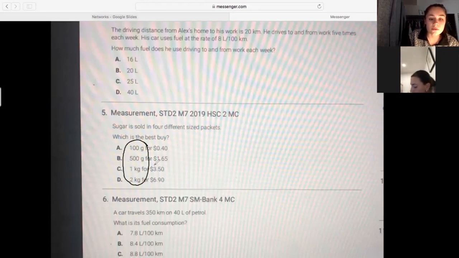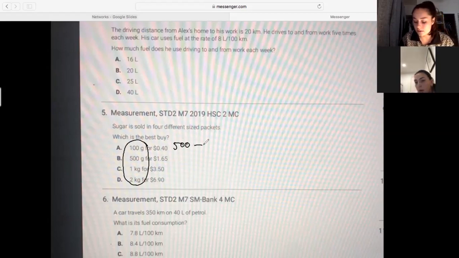Okay. For me, the easiest thing to do would be either to get them all to 500 grams or to get them all to 1 kilogram. So if I get everything to 500 grams, for this one I would have to times it by 5. Does that make sense? To get 500 to 500 is times by 5. So then I have to times the money by 5, and 0.40 times 5, I get $2.